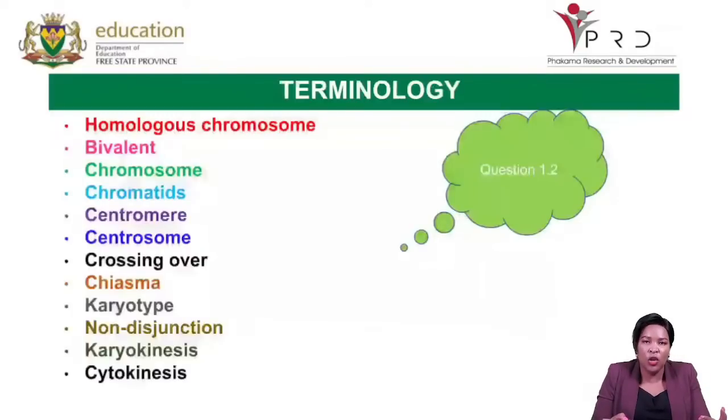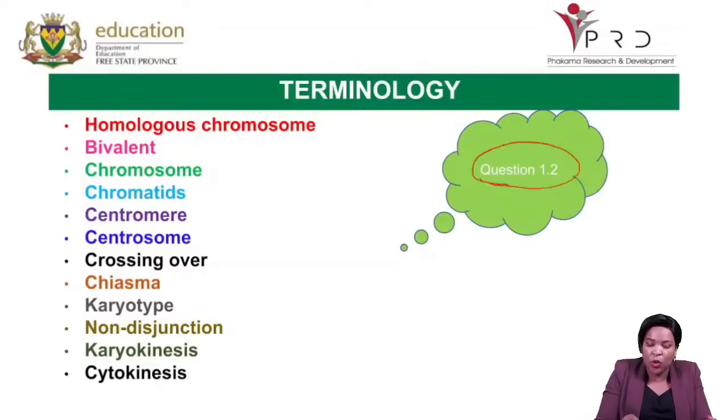And terminology. With meiosis, like with other topics in life sciences, there's a lot of terminology that comes with it. And for your question paper, in the structure of the question paper, you are going to find questions on terminology in question number 1.2. Then you must familiarize yourself with terminology such as homologous chromosomes, bivalent chromosomes.